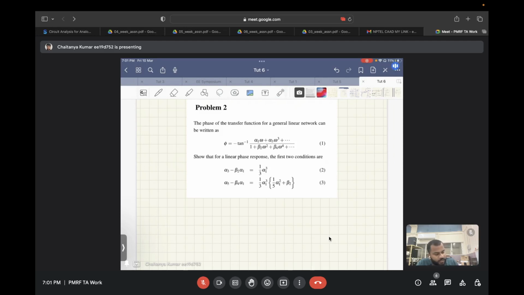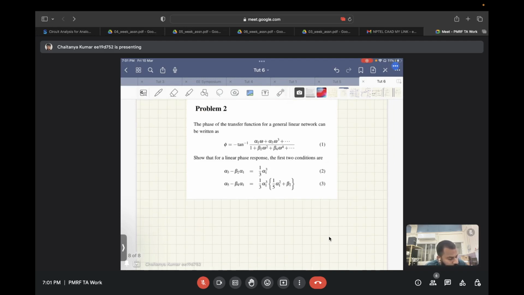Correct. So linear phase response means that for your transfer function, the first derivative should be a constant, and the later derivatives should be zero, right?